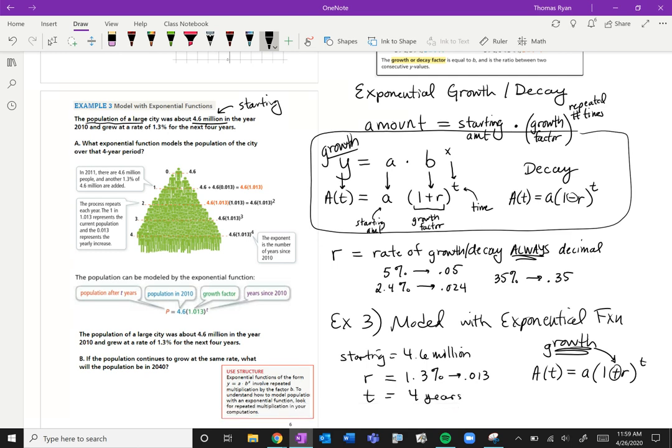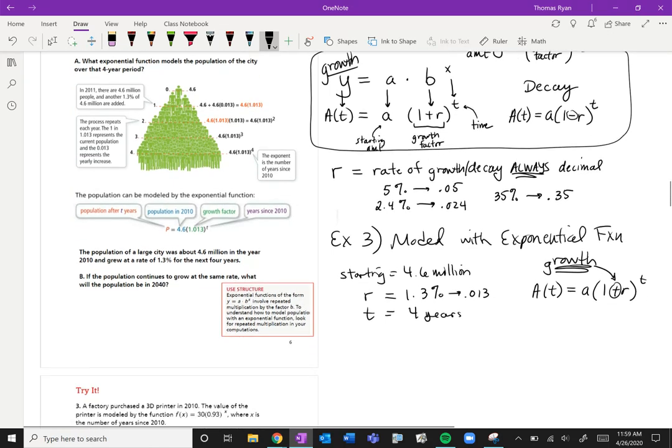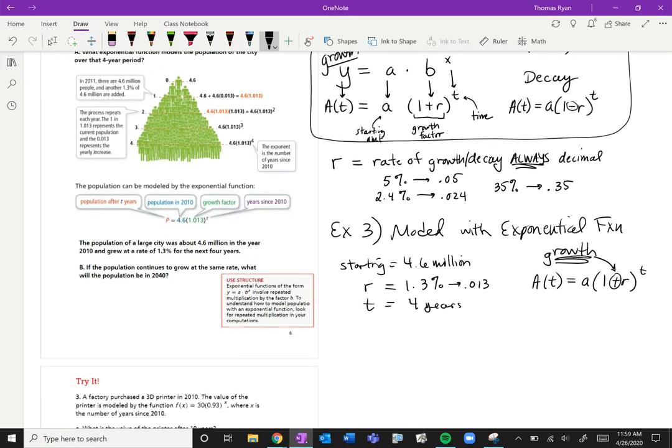Okay, so we're going to use this idea. So here's our growth model. So we want to do it after 4 years. Our starting is 4.6 million. Let's just use 4.6. It's growing at 1 plus our rate, which is 0.013, for 4 years. And we'll clean it up by just doing 4.6 times 1 plus 0.013, which is just 1.013, to the 4th power.